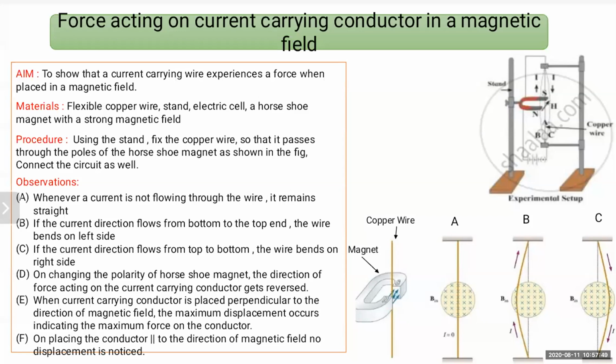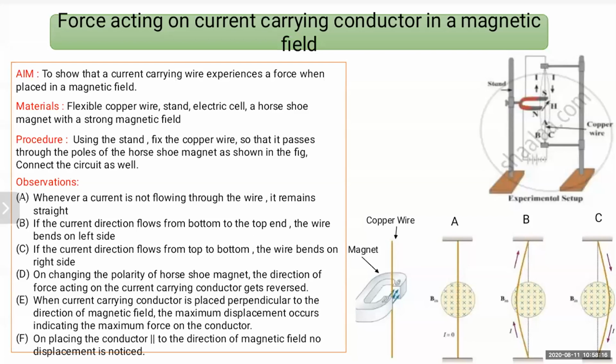Now what is the observation? Look at the diagram, it is in a straight position, means there is no current. It remains as it is in the straight position. But when we start the current, the direction flows from top to bottom.